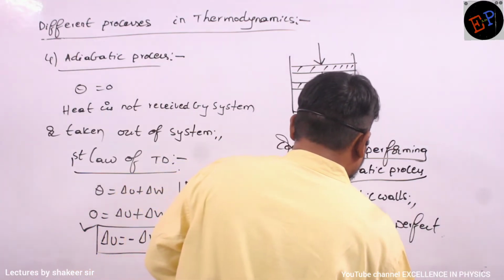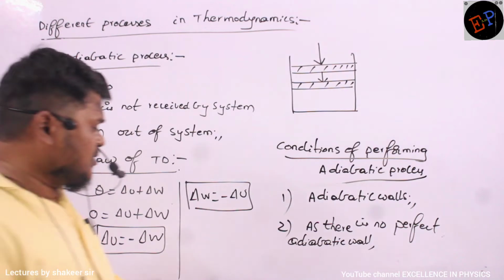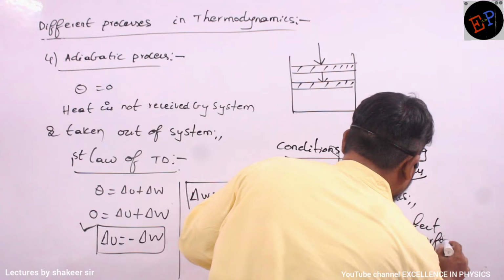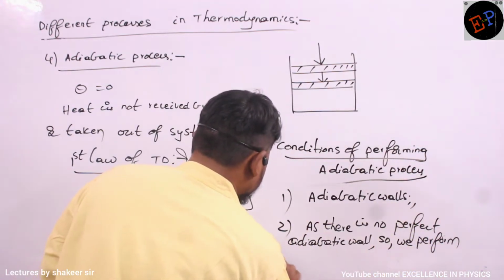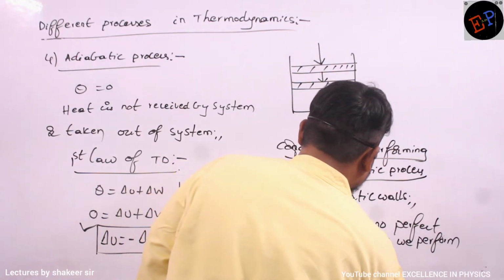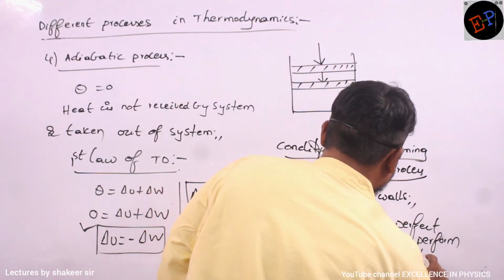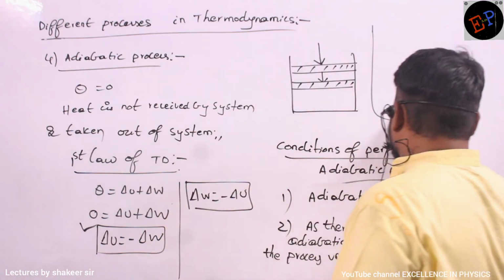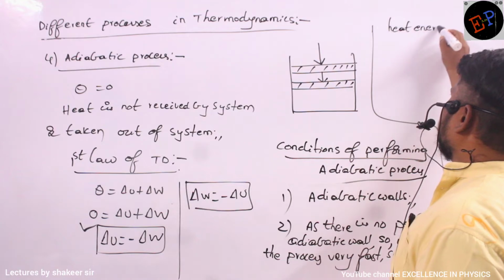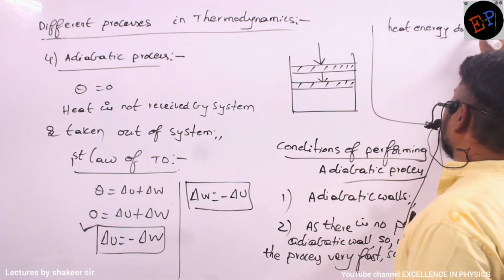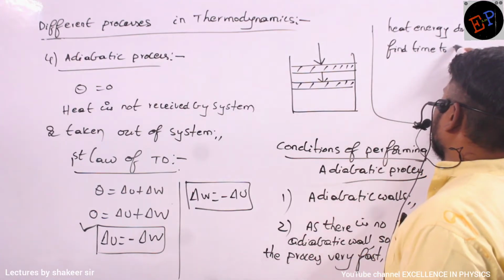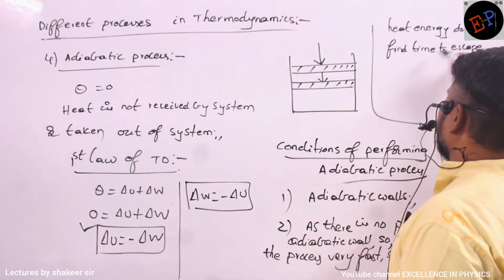Okay ma, a perfect adiabatic wall is not there. So therefore what we do is we perform the process very fast, such that heat energy does not find time to escape into the system.